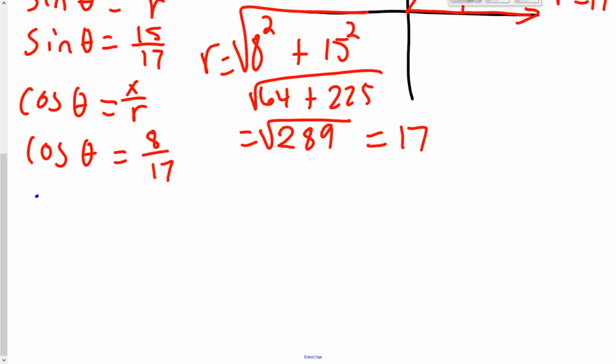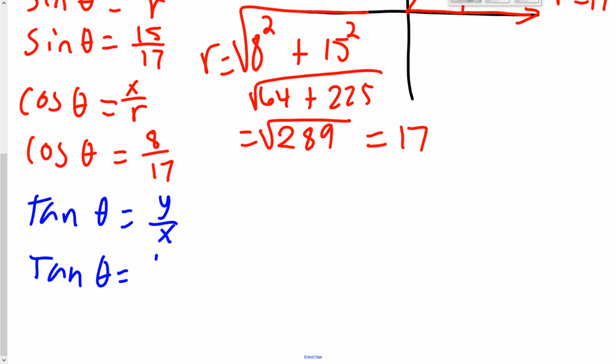And then tangent, which is y over x, so tangent would be my y, which is 15, over my x, which is 8. So those are what they are.